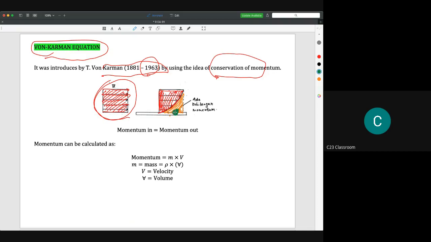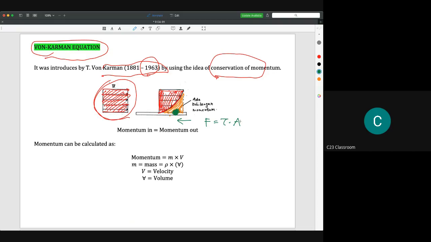This molecule will stick very hard on the surface, and it will resist. So it creates a shear force, because we know that F is equal to tau times A. So the shear stress, the viscosity, actually creates a force that resists the flow of fluid.